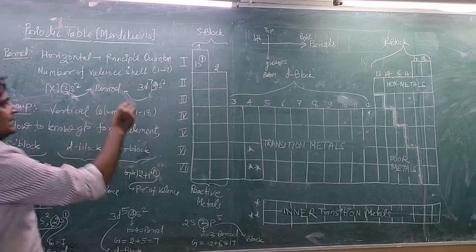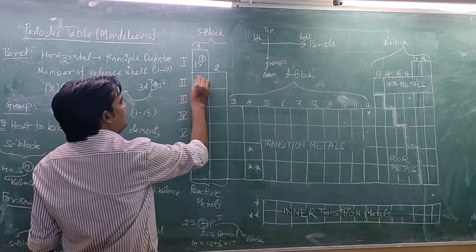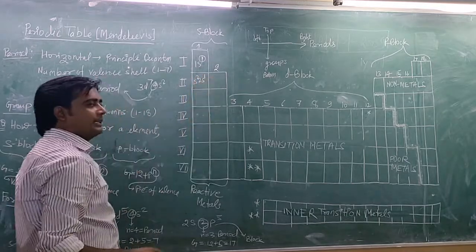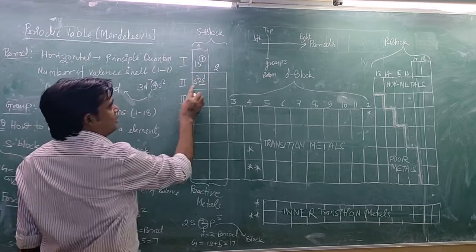Okay, similarly, if you have 1s2 2s1, the valence shell is 2s, not the first s.